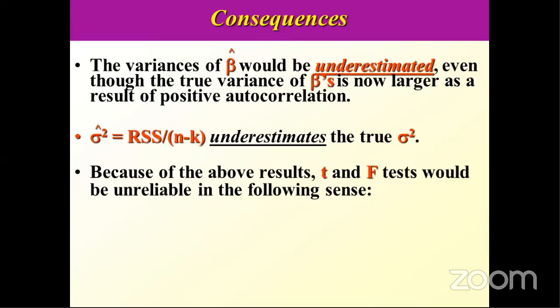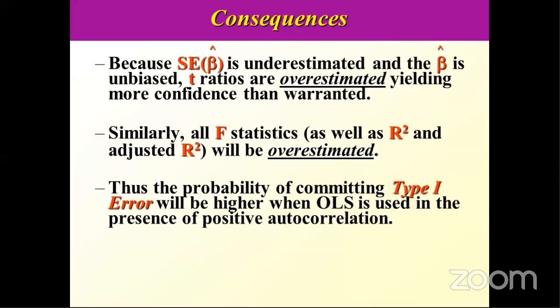Because of these results, the T and F tests would be unreliable in the following sense. So you cannot believe your T test and F test because of this underestimate of the variances and the underestimate of the sigma square, that is the population variance of the disturbance term.